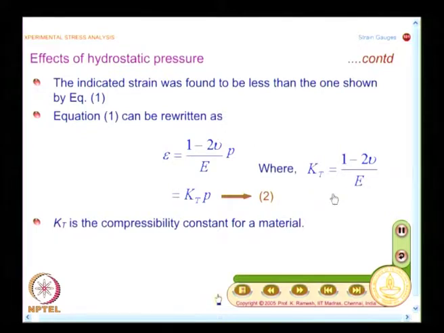Now, what we are going to do is develop an empirical relation which would correct the indicated strain.